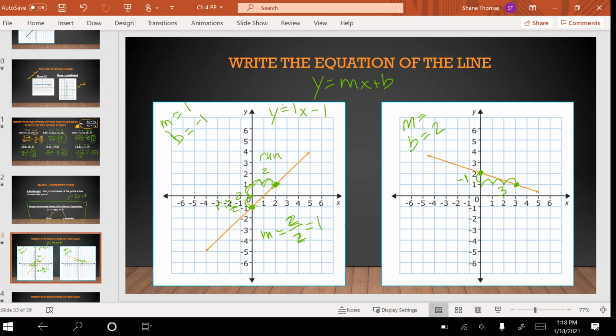So what was my rise? It's -1, correct? My run was 3. Therefore, my slope is -1/3. Y equals my slope, x plus 2.